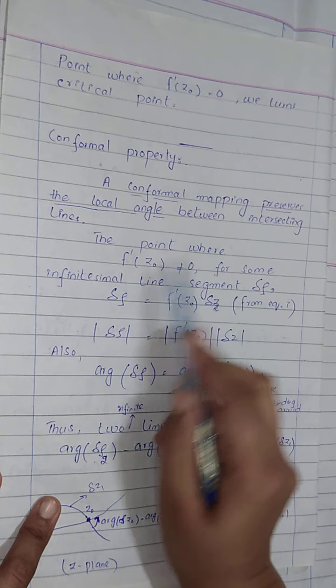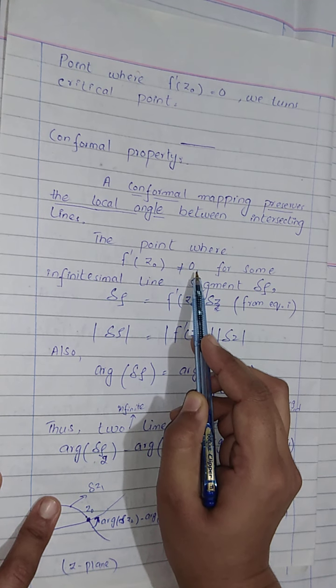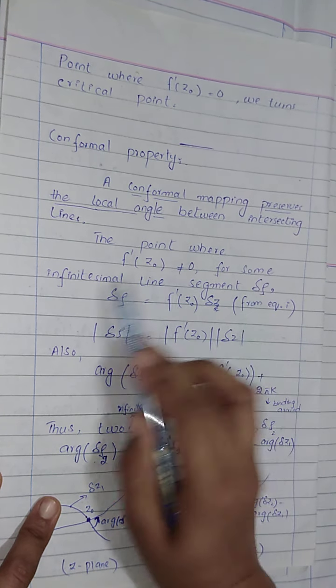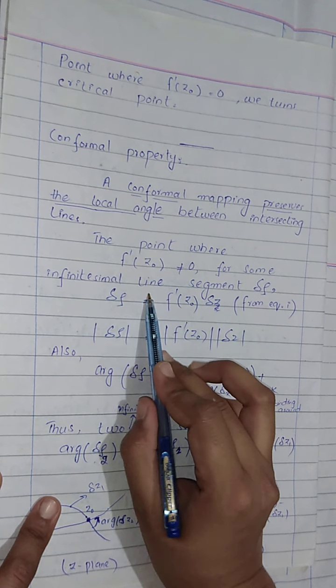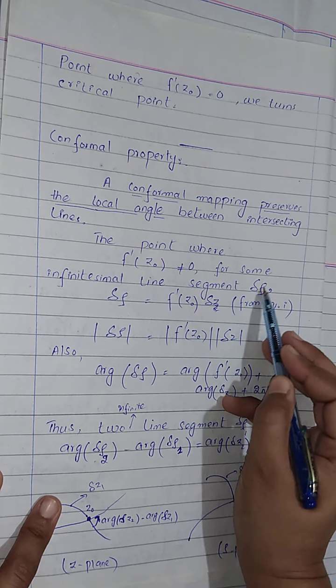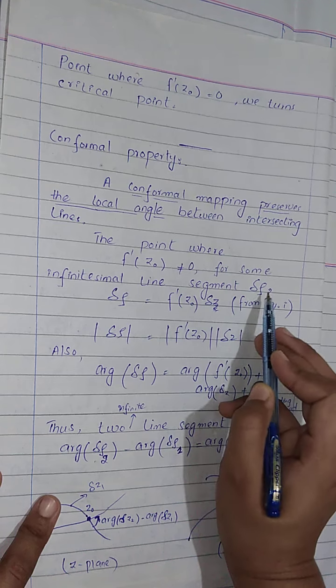The point where f derivative of z naught is equal to 0, for some infinitesimal line segment partial of zeta.